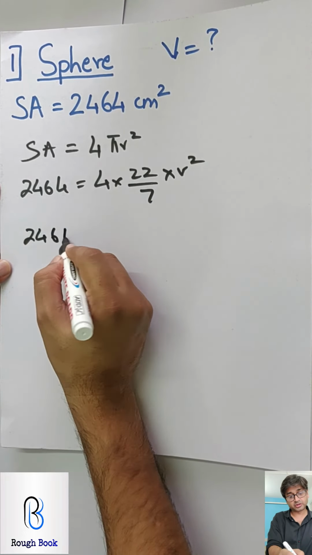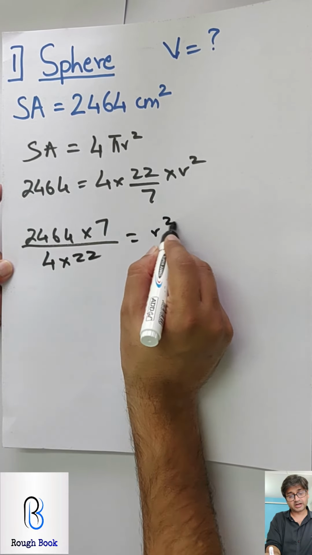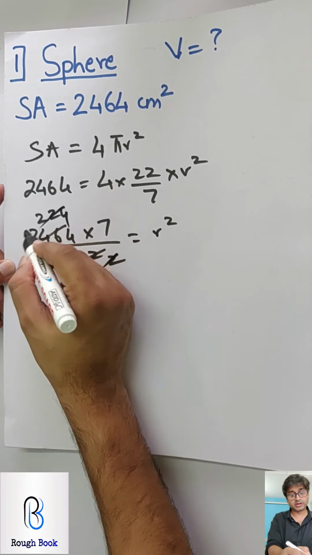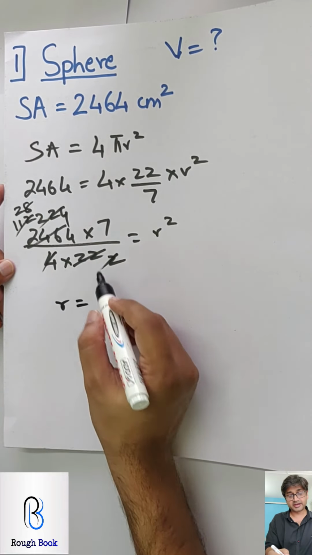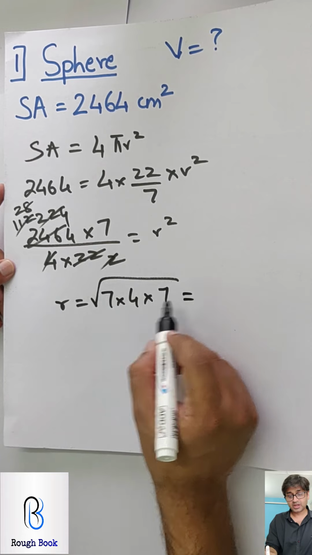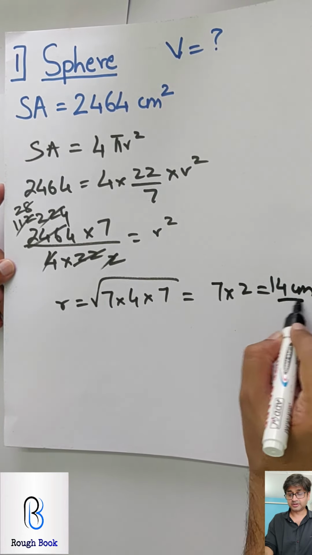Goes on the other side, so 2464 upon 4 into 22 by 7 will be r square. My radius will come out as 14 centimeters.